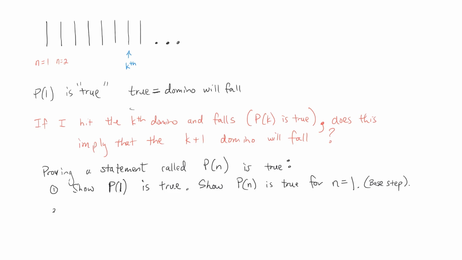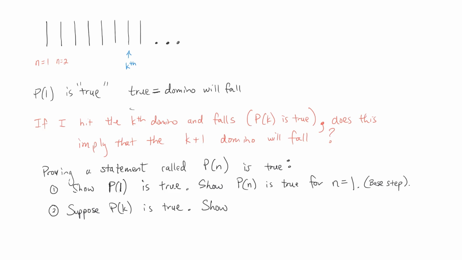The second step is a little bit more complicated. Suppose P of k is true. In other words, go ahead and assume that the kth domino falls down.